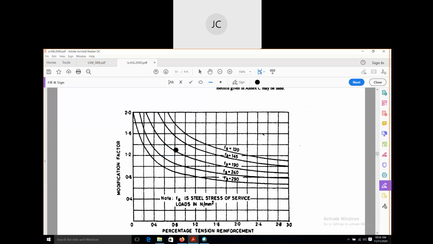We need this value, and for 240 we need this value.